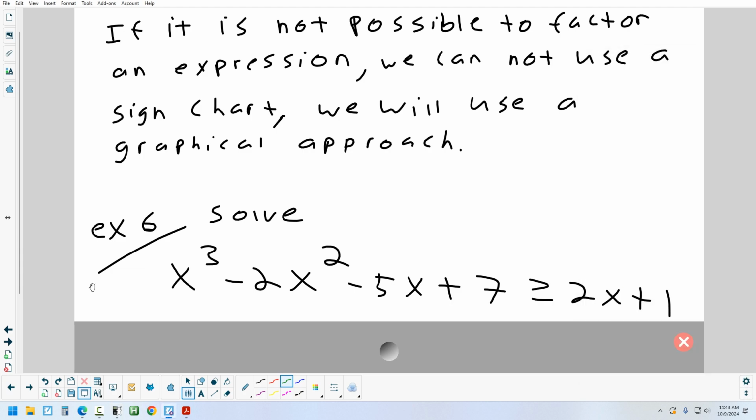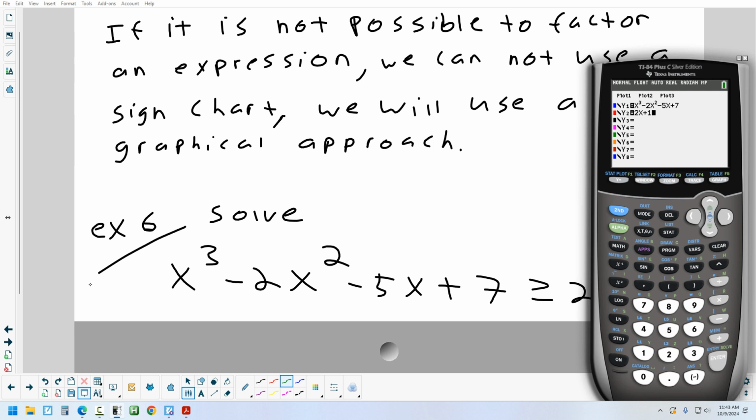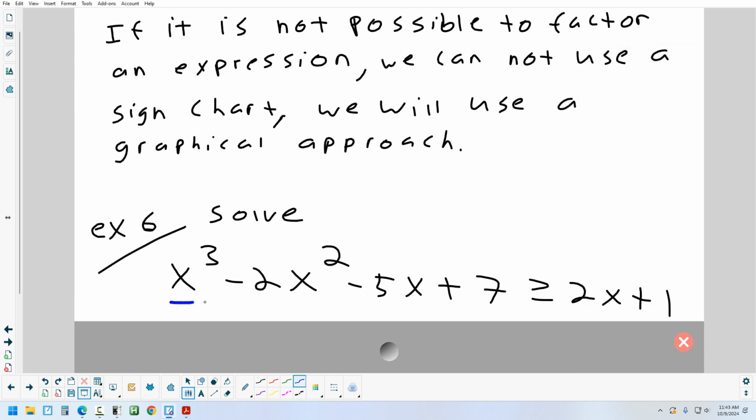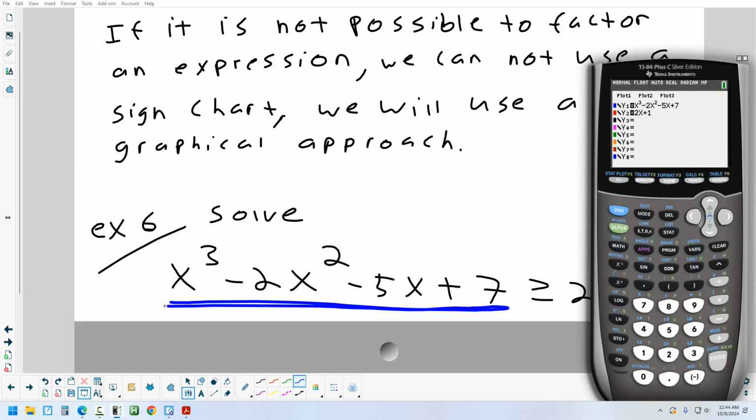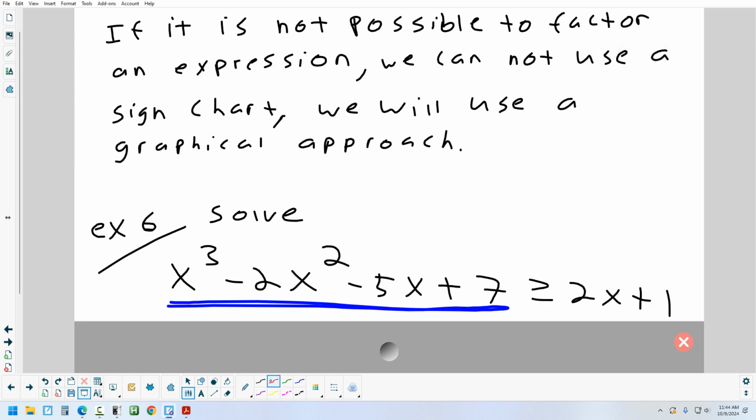All right. So x cubed, that one was the one in blue. So we're looking for where the picture in blue is greater than or equal to the picture in red. Okay, so let's see where that happens.